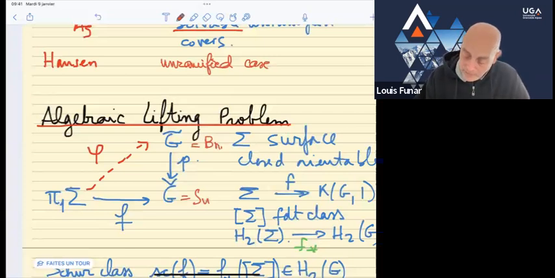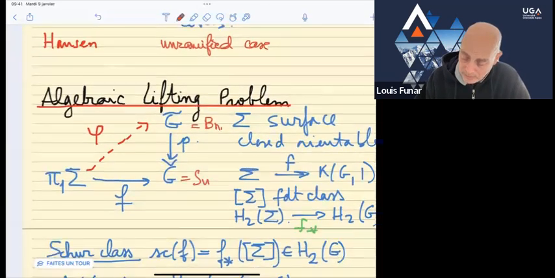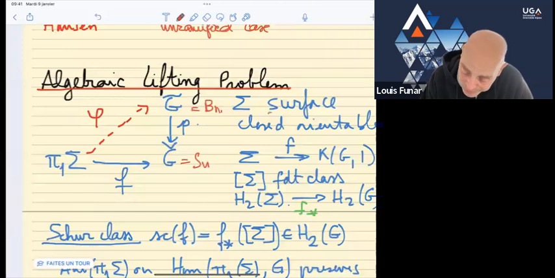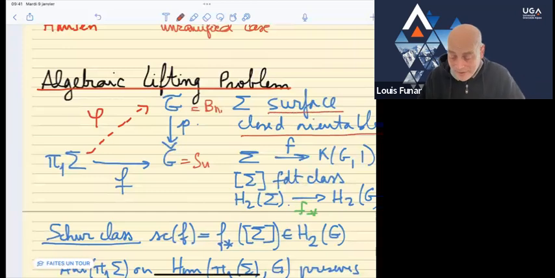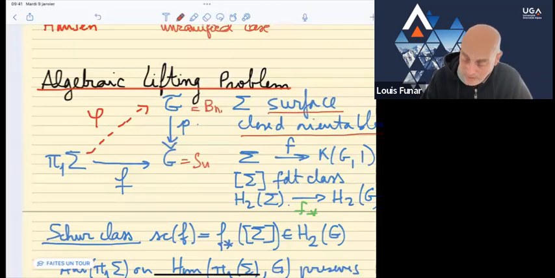And the way to see that this question is non-trivial is just to take now a surface which is closed and orientable, because now it defines a fundamental class in H2 of sigma, and to observe that there is already some interesting invariant out of that.